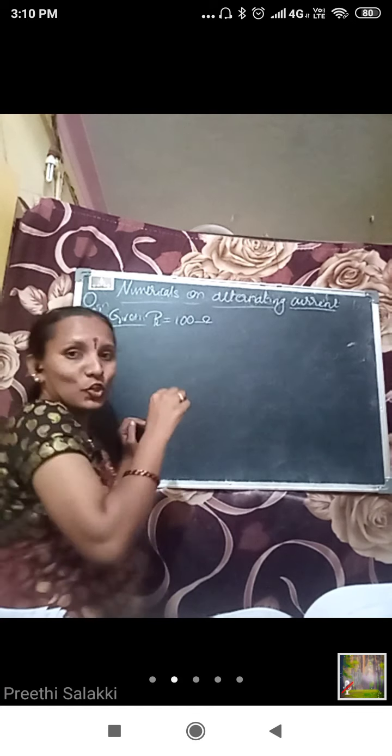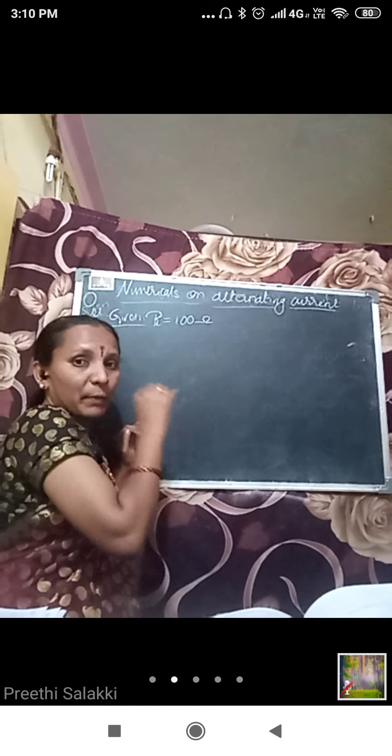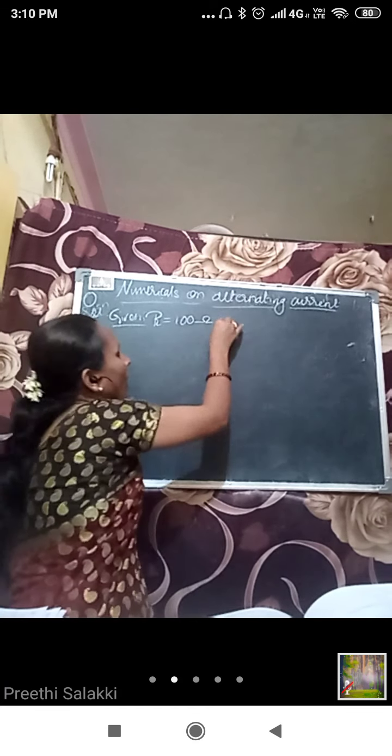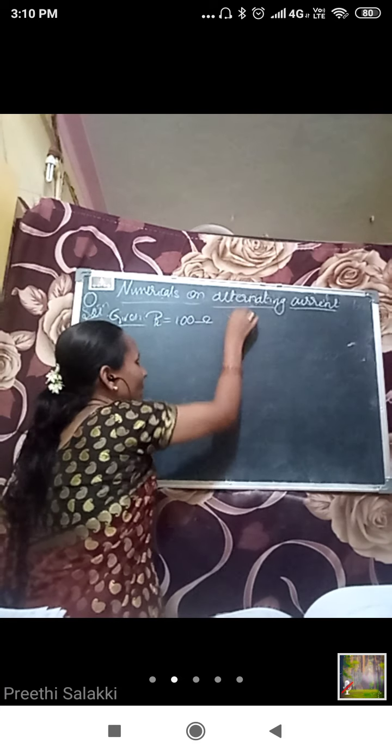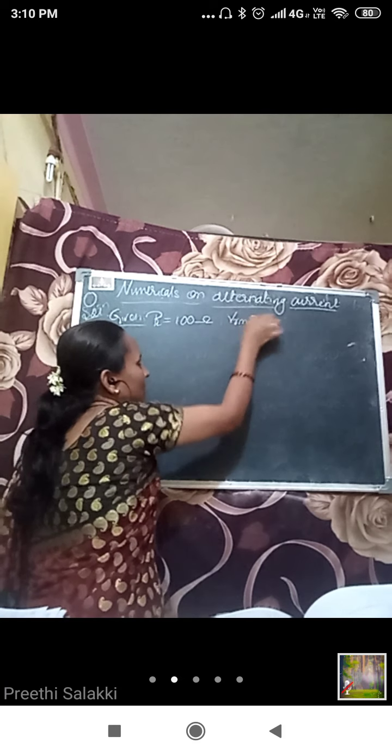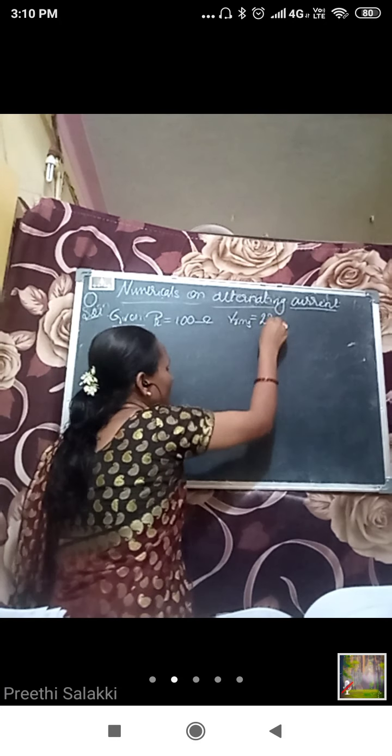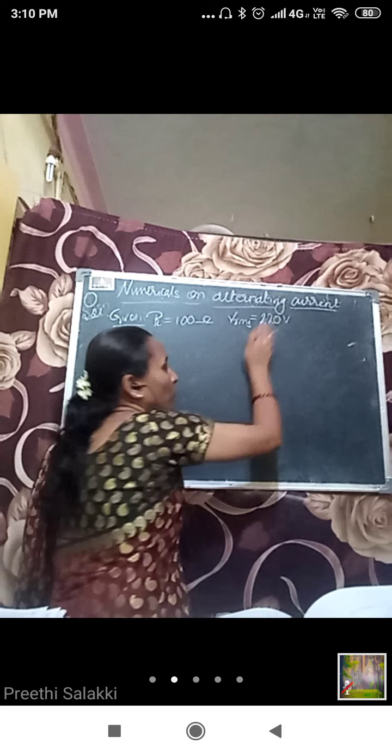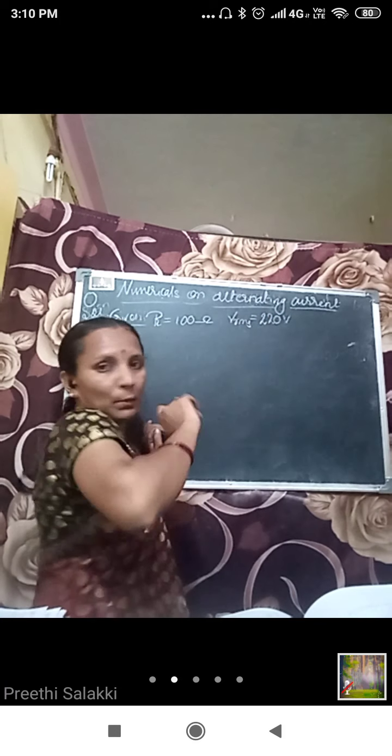In the solution, they have given the 100 ohm resistance, that indicates it's a purely resistive circuit. So power dissipation will surely be seen. And they are giving the power supply voltage of 220 volt. For India the voltage is in the range of 220 to 240.